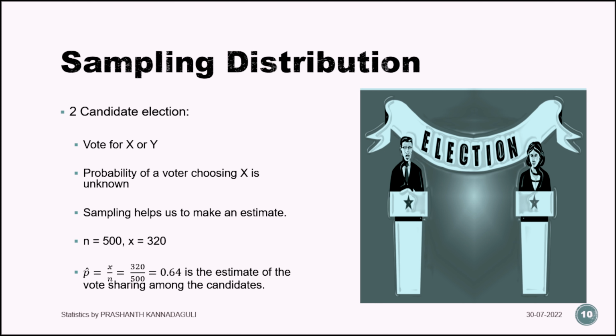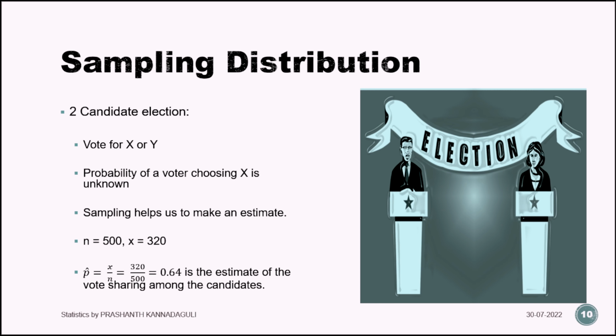To guess that for a whole constituency, you will take a fraction. You will take samples. Let us assume that the sample size is 500. I don't know the size of the whole population.